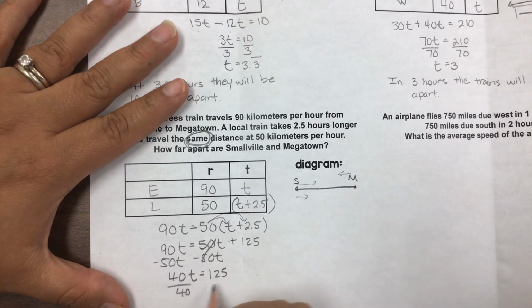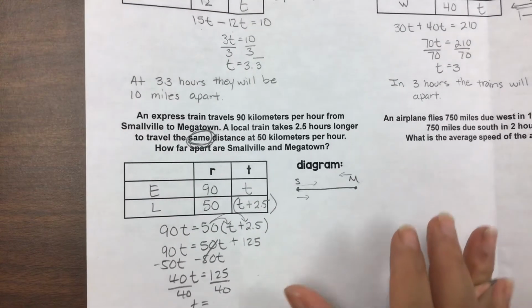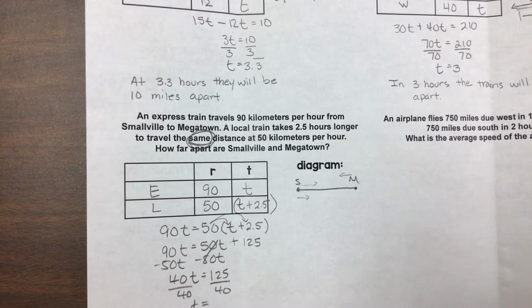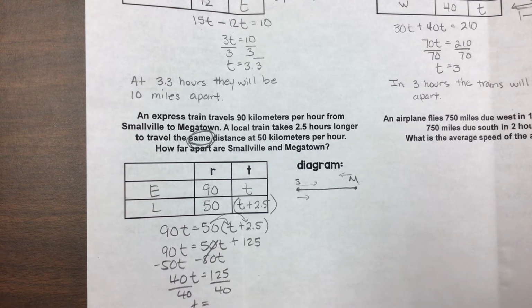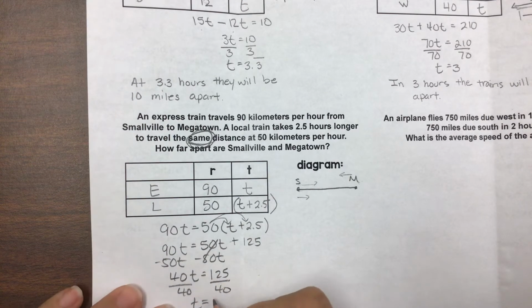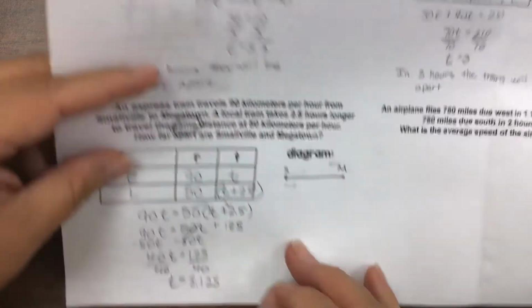Divide by 40 to both sides. T is equal to, and I'm going to take my calculator, 125 divided by 40 is 3.125 hours.